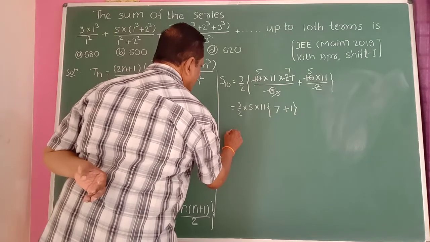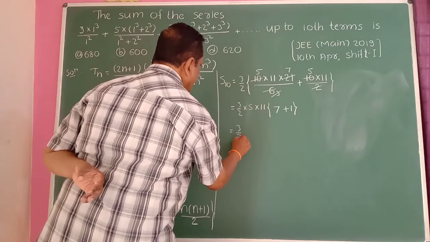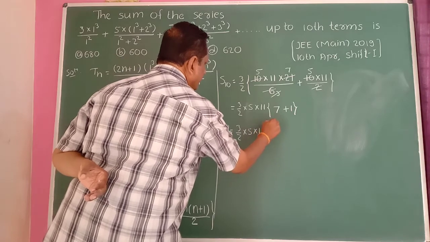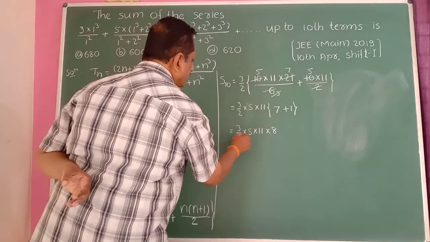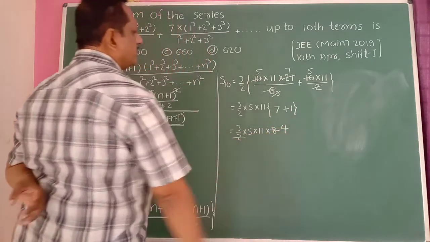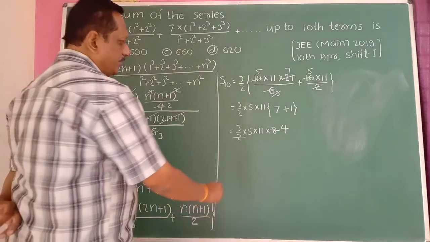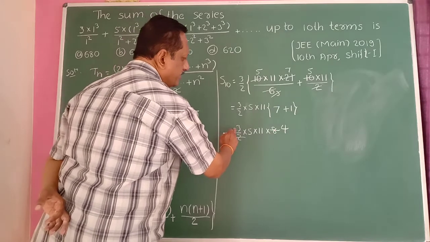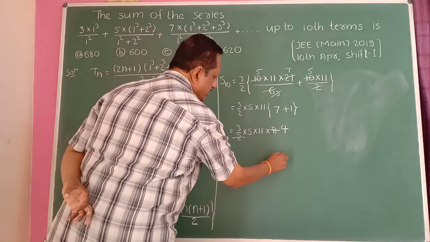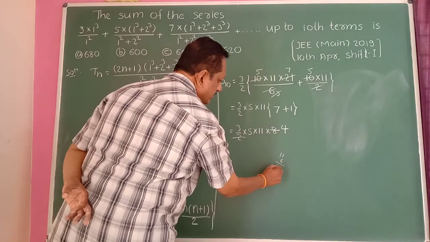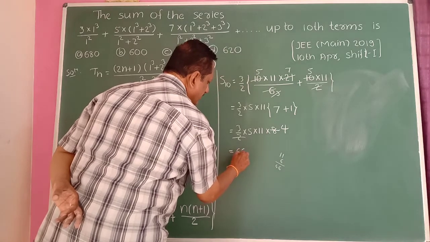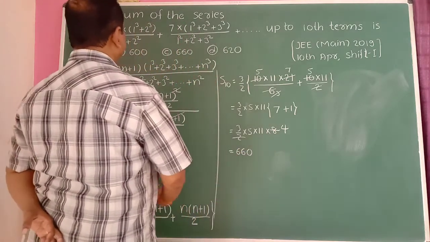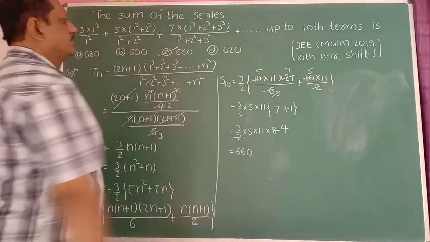Therefore, this is equal to 3 divided by 2 into 5 into 11 into 7 plus 1, which becomes 8. 2 1s are 2, 2 4s are 8, cancels. Then 5 3s are 15, 15 into 4 is 60, 11 into 60, so 660. Therefore, the correct option is 660.